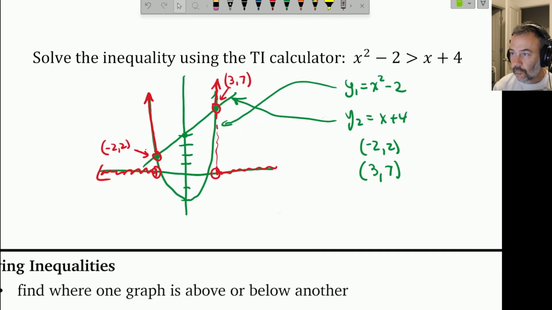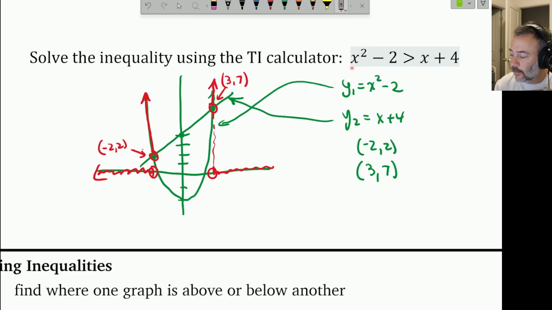Now, look at the inequality. x is the only variable in this inequality, so we're looking for x values that make it true. I'm just using a 2D graph to find the intersection points, but I actually only care about the x values of these intersection points, because this x value is -2, this x value is 3, and we want to keep all of the graph outside of those points.